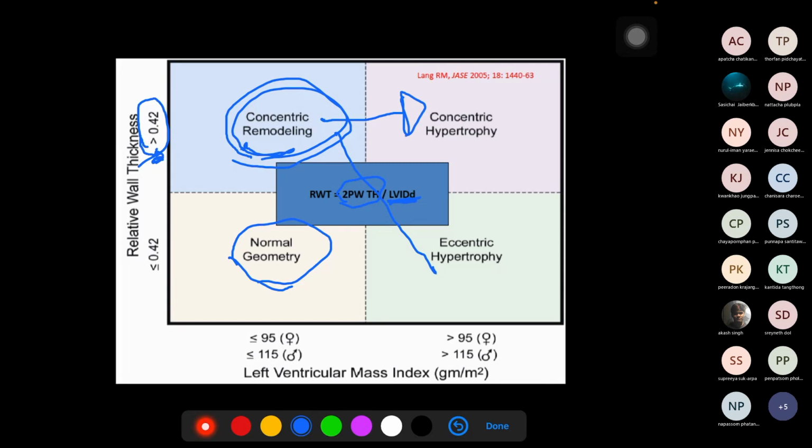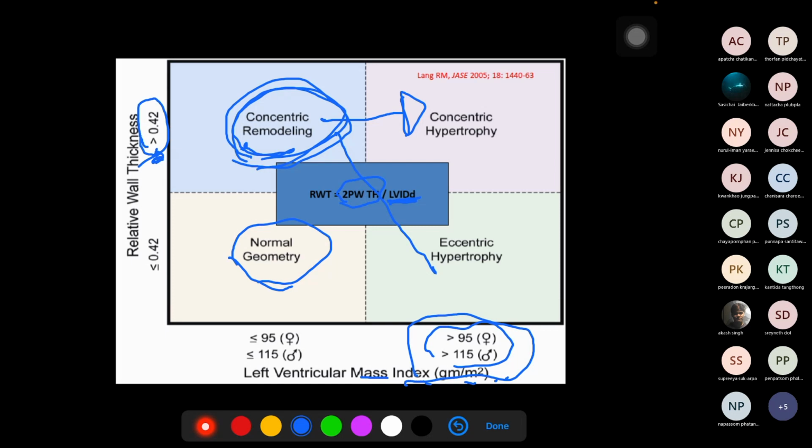So the next one, when the mass is increased in female over 95 and in male over 115, it means the hypertrophy. When the mass index is increased, it means the hypertrophy.